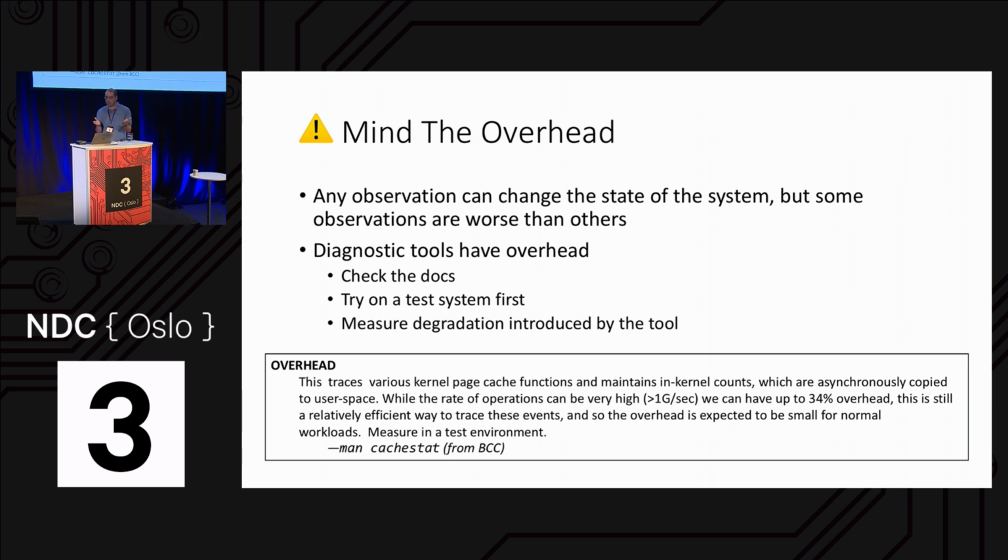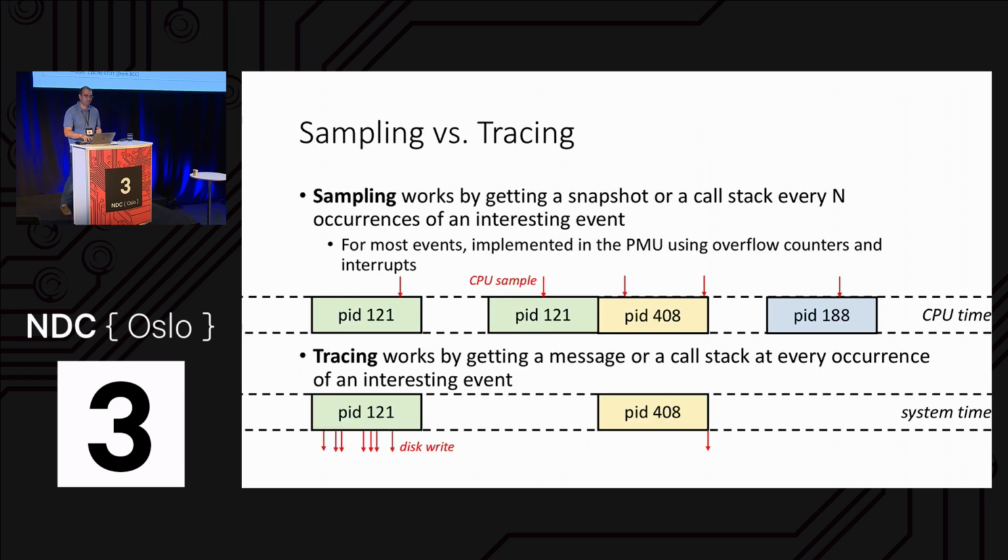So some people here might be okay if you have like a 5% increase in processing time because you use a certain tool, and other people would say, no, 5% is crazy. What are you talking about? You're slowing my system down. So you really have to know what the overhead is, and the best way of knowing is actually testing it in your own environment and seeing the effect. We'll touch on the overhead here and there, but otherwise you have been warned about the overhead.